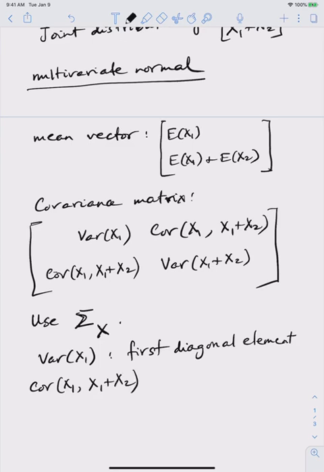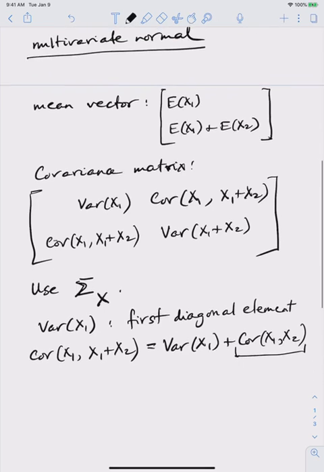Well, we are going to first sort this out by bilinearity. Both of those we can find. This one we already found, variance of x1 we already found. This one is the second element in the top row of sigma.